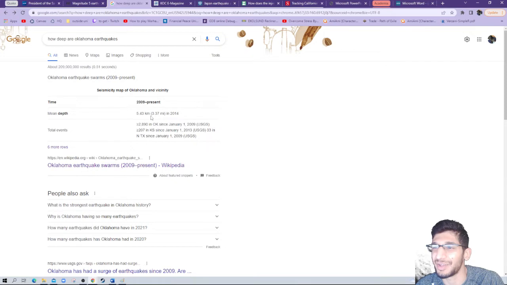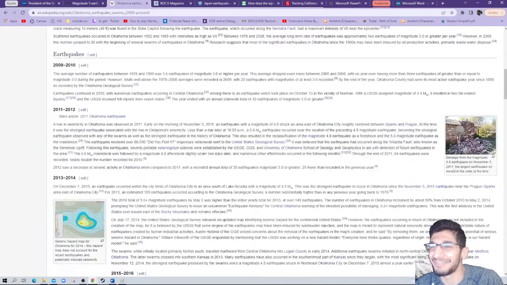Around 2009 to present, they've been having a mean depth of, you guessed it, 5 kilometers, 3 miles. Looks similar, doesn't it? Let's look at one of the events here, 2011. They recorded a magnitude, the highest I believe was 4.8, close to 5.